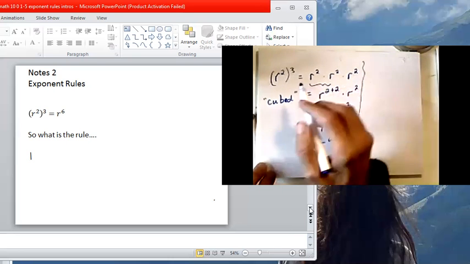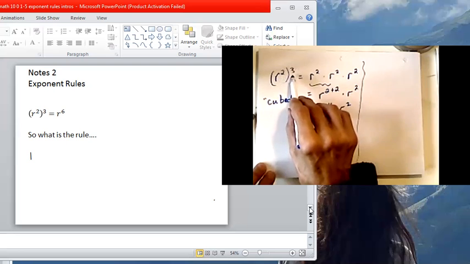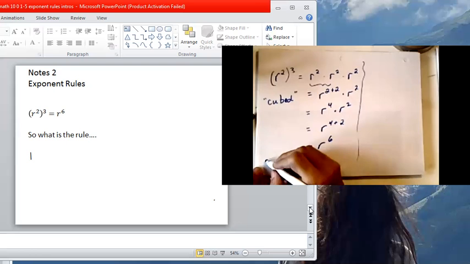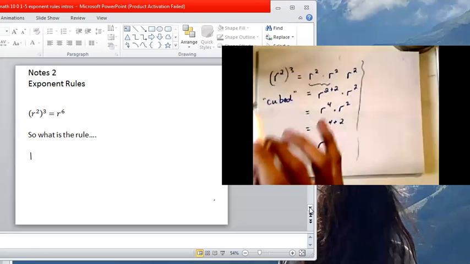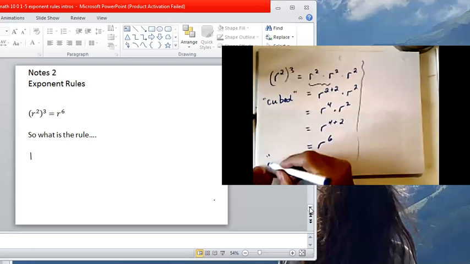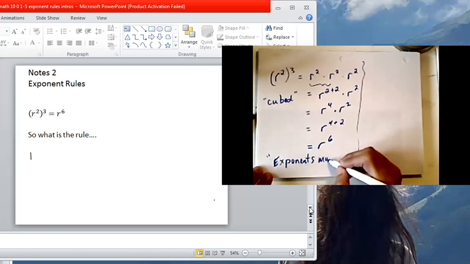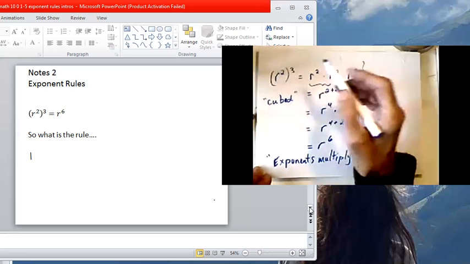So what's the connection now between these numbers in the beginning with the number here at the end? We multiply now. Nice. So take a look at the situation. Okay, I'll say exponents multiply because that's true and correct. Times is another word for multiply, right? So exponents multiply, exponents times together, right?